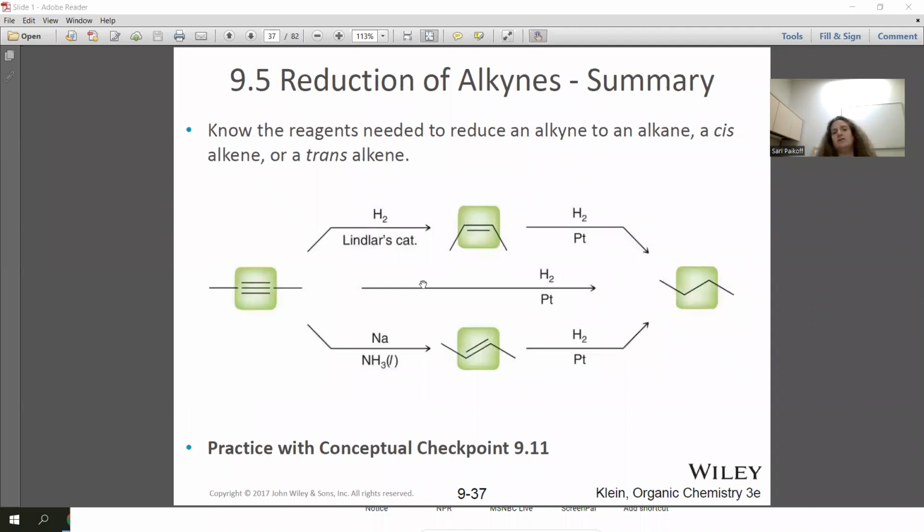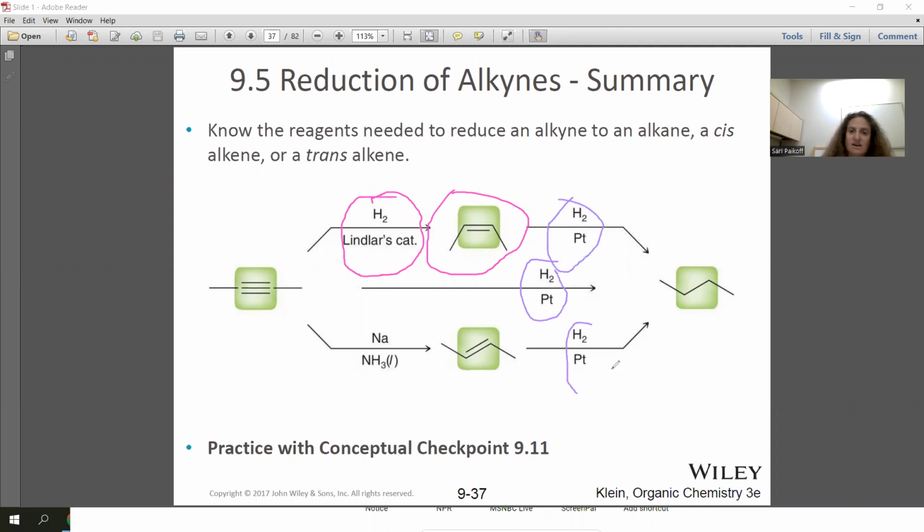So if you look with the alkyne, just by adding hydrogen, you can get 3 different products. If you want to have a cis alkene, you use H2 and Lindlar's catalyst. If you want to have just the alkane, you add H2 and platinum.